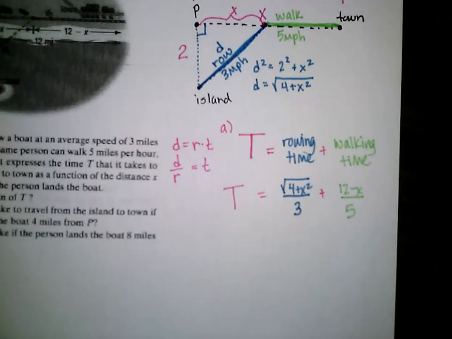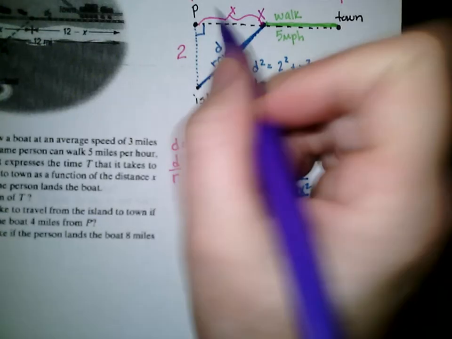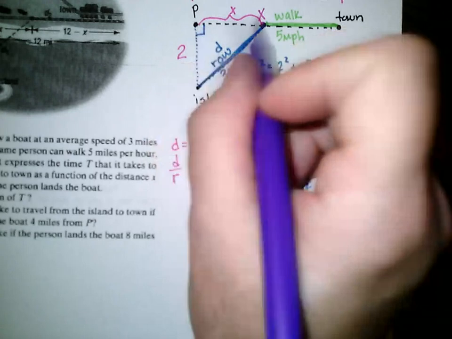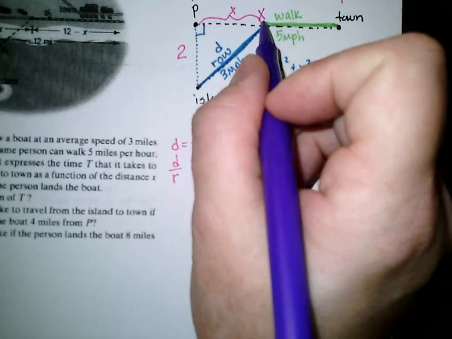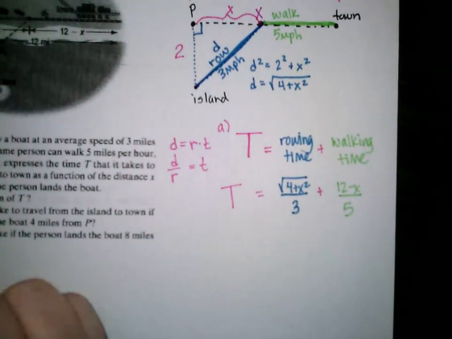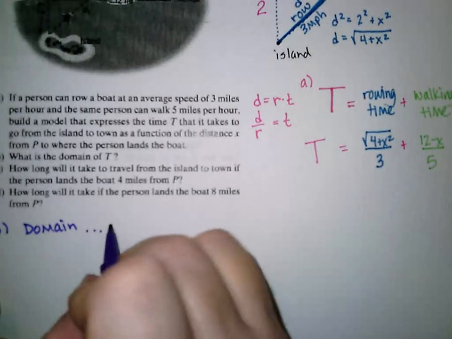Part B, what's the domain of t? So domain, in this case, our x values are the distance that point is away from P, where I row across, from that point straight across. So on B, domain is going to be x values.